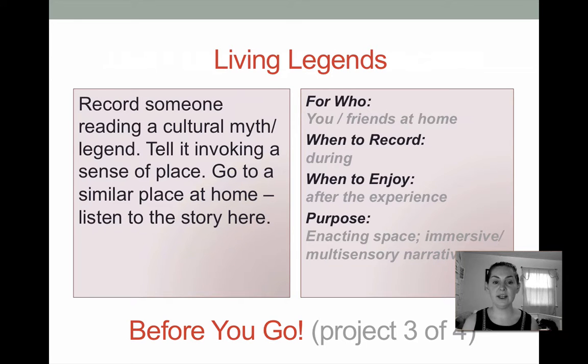Another one would be to record that story told by someone in that place and of that culture, and then go home or go to a place you consider home, and bring that story with you, essentially by living it in comparable places, right?